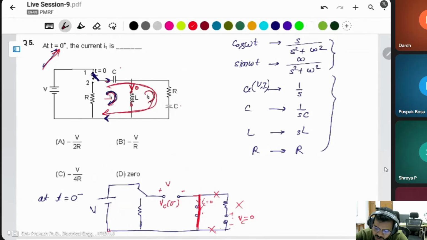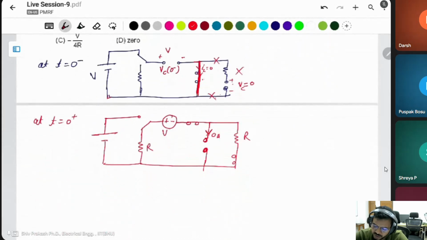In the whole circuit, there is some current V by 2R. These are connected in series. You can say the I1 in this loop is 0 because there is no current because of this open circuit.